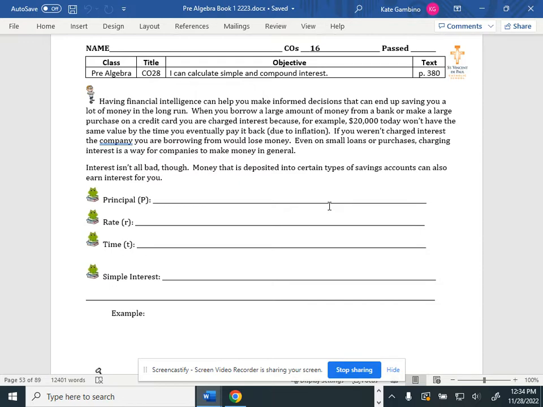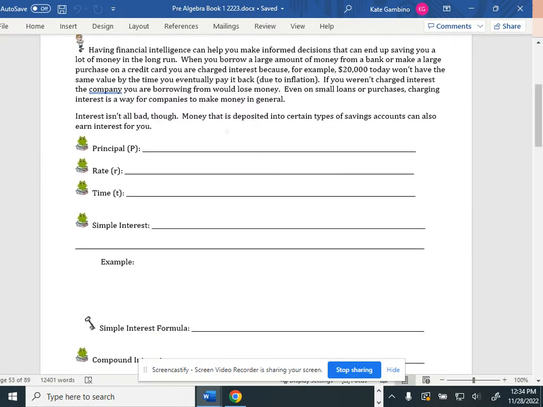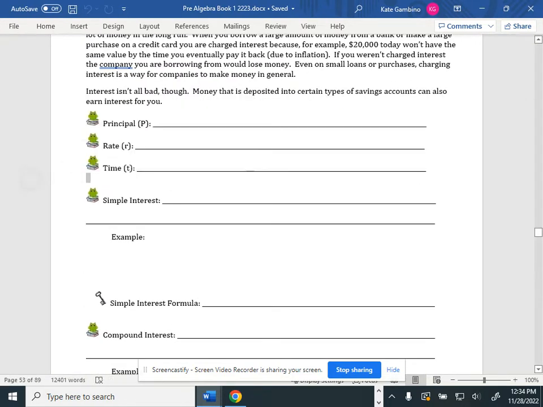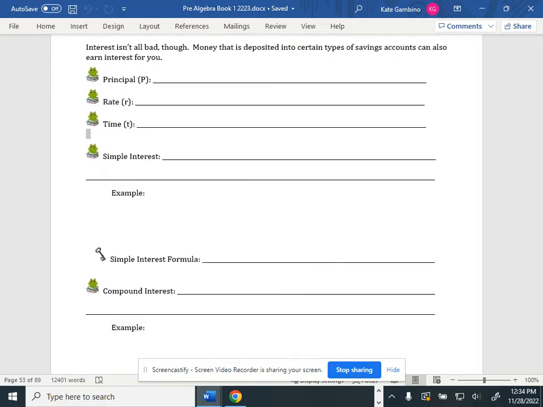So let's look at some of these terms that we need to know when it comes to interest. First thing is the principal. Now, this isn't principal like Mrs. Dawson is the principal of our school. This is principal that goes with money, and it's the original amount.